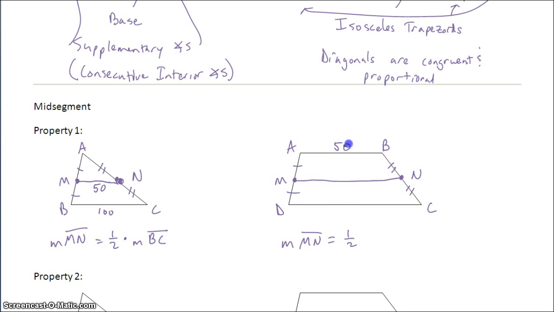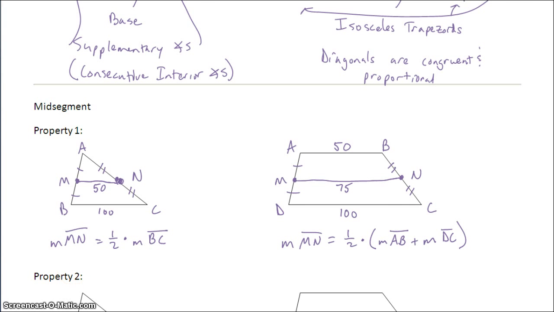So if AB was 50 and DC is 100, MN is going to be halfway between 50 and 100, 75. Mathematically, we're taking 1/2 of the measure of AB plus the measure of DC.